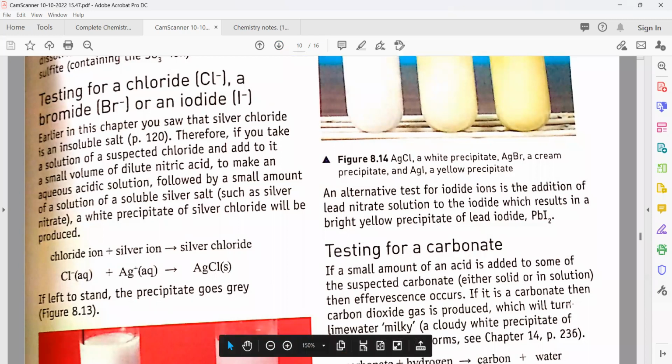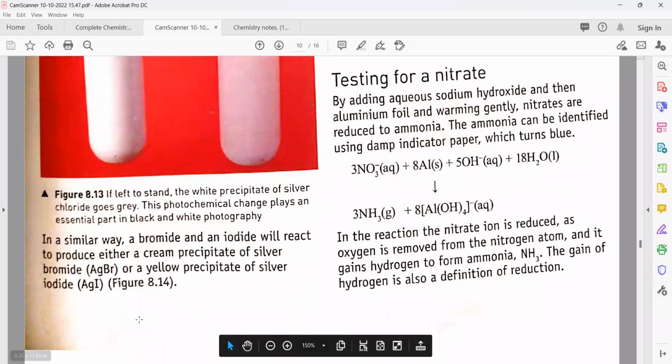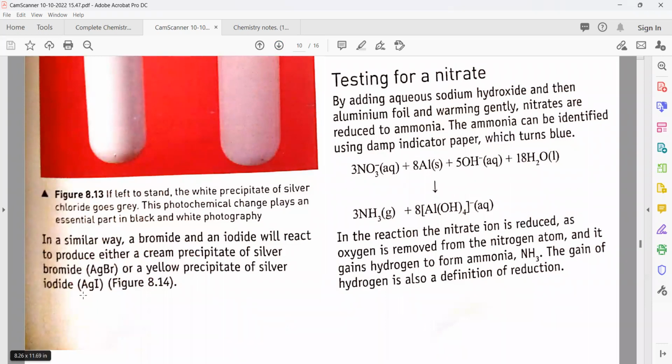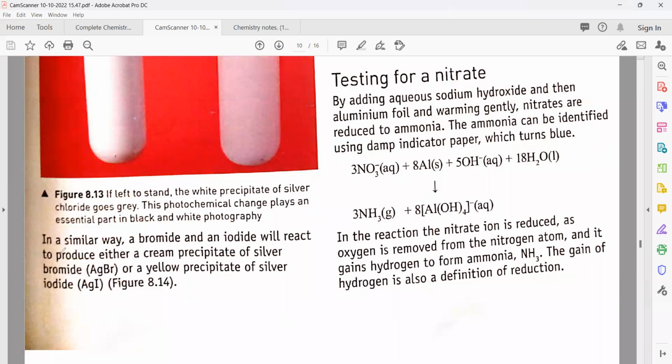In the same way, when you move next, to bromide and iodide, silver iodide is yellow. So all are written here. You need to learn about their colors. Okay, my dear. So you can see here the colors of the solid precipitate that forms.